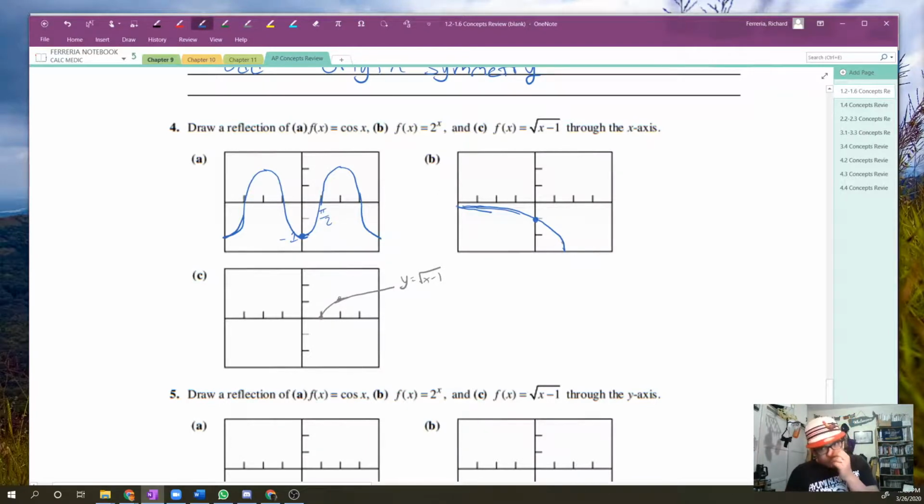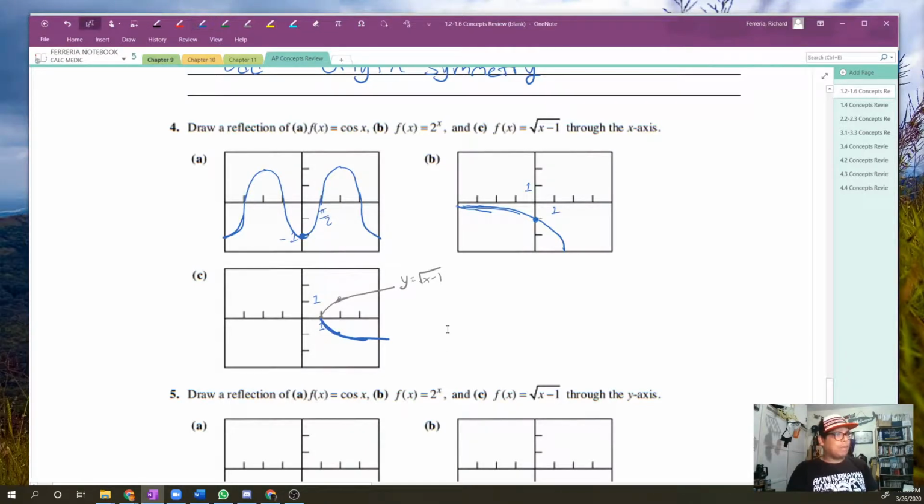And typical me, I did forget the scaling here, so I should do that. Okay, if I want to reflect this gray curve around the x-axis, all I've got to do is zoom, zoom, zoom, right? There we go. Reflected around the x-axis.